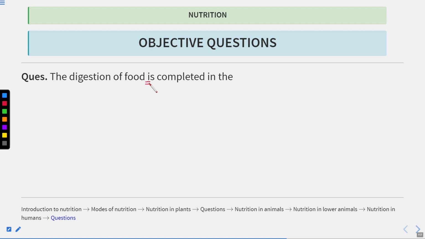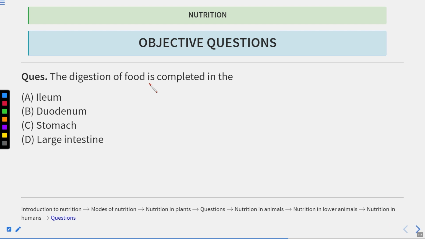Now next question is the digestion of food is completed in. The previous question was digestion of food starts where, and this question is the digestion of food is completed where? In which part of the alimentary canal? Option A is ileum, option B is duodenum, option C is stomach, and option D is large intestine. If we talk about the ileum, ileum is a part of the small intestine.